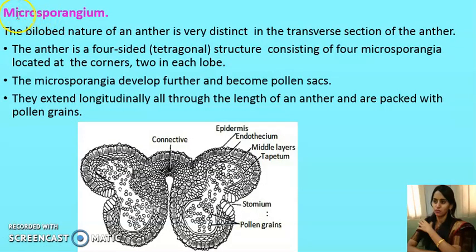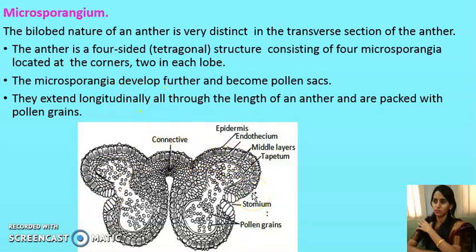Next, the anther consists of two lobes. Each lobe consists of two pollen sacs, and these pollen sacs are known as microsporangium. The singular is microsporangium. The bilobed nature of the anther is very distinct in the transverse section, and the anther is tetragonal or four-sided.